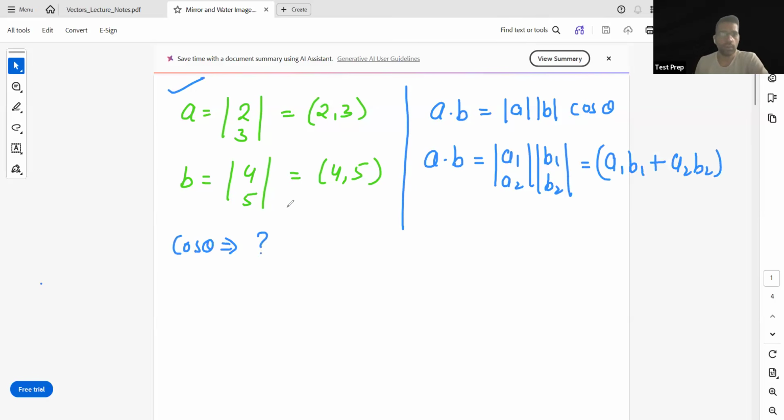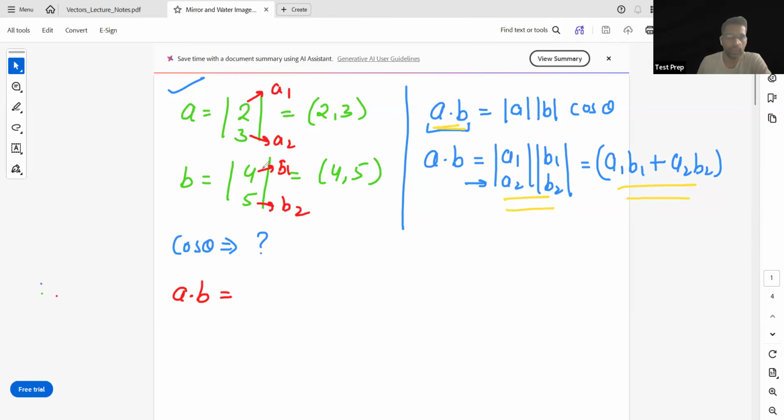First of all, I have to find the value of A dot B by applying this formula. A dot B is equal to A1 into B1 plus A2 into B2.